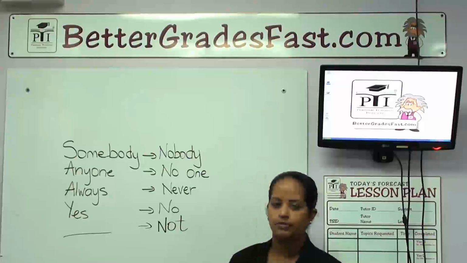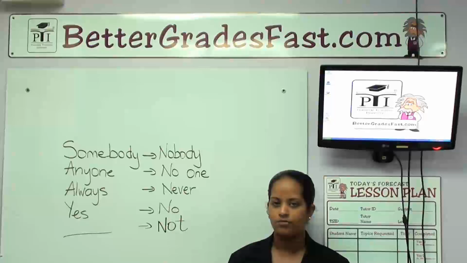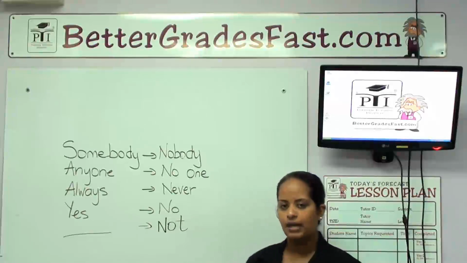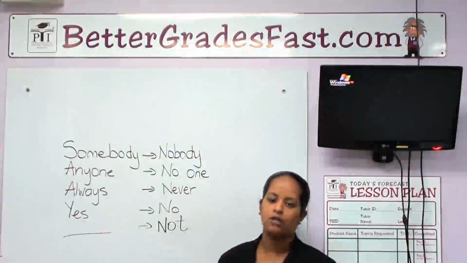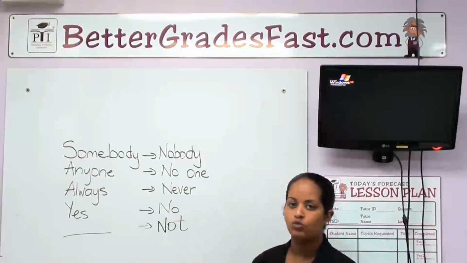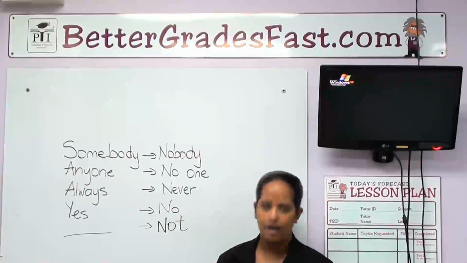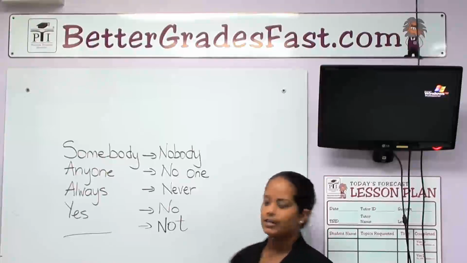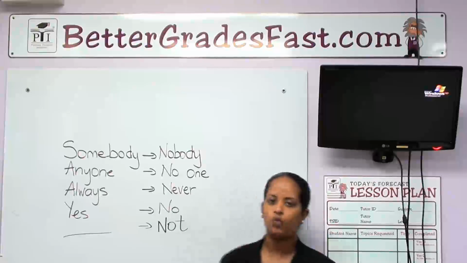For example, if I say, I do not have a lot of money, if I want to make that affirmative, I do not have to replace the word not, I just have to leave it out. Instead of saying, I do not have a lot of money, I will just have to say, I have a lot of money. That is why we say that not has no affirmative equivalent.